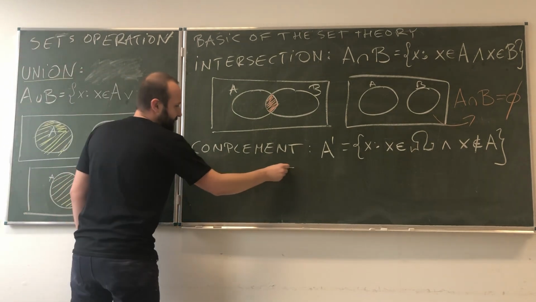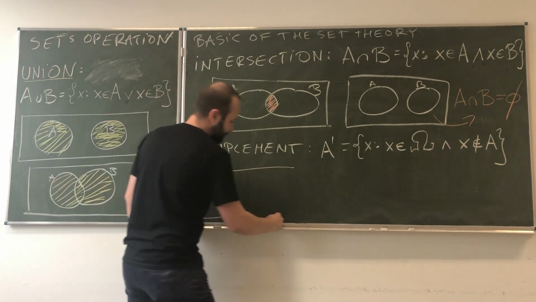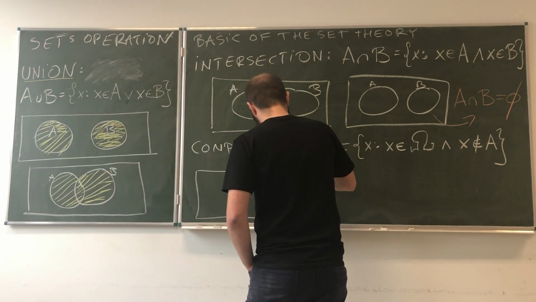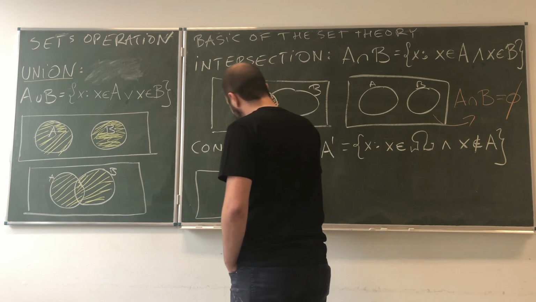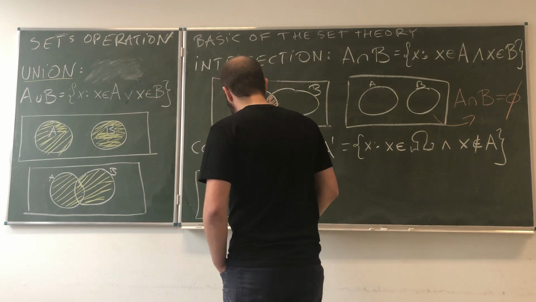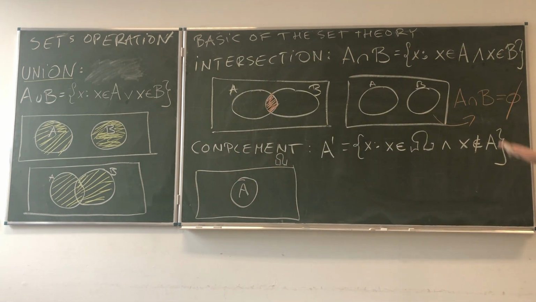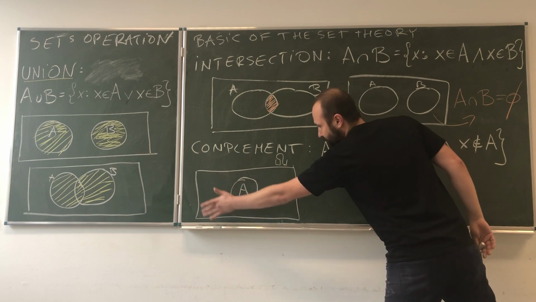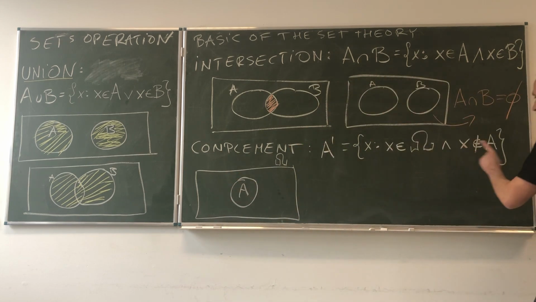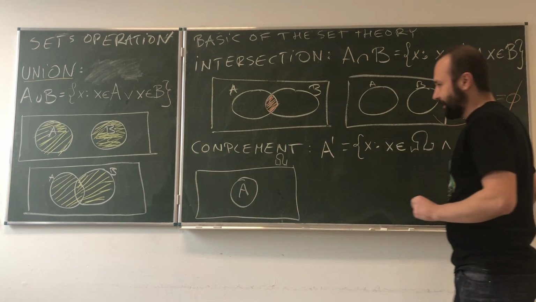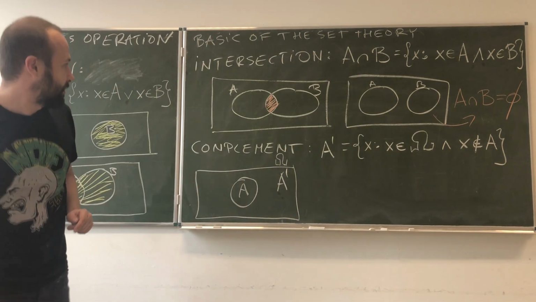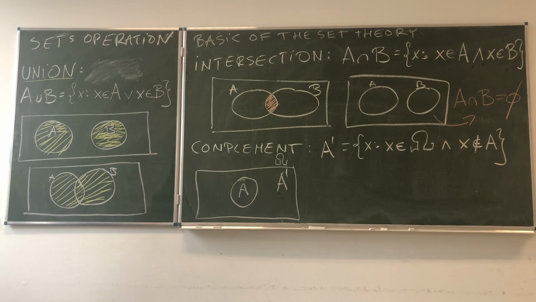Look, basically this is our universe. Here is set A, then everything, okay, we can just read it from here. Those need to be the elements that are in the universal set, but are not elements of A. So basically, the complement of A is everything that you can see over here.